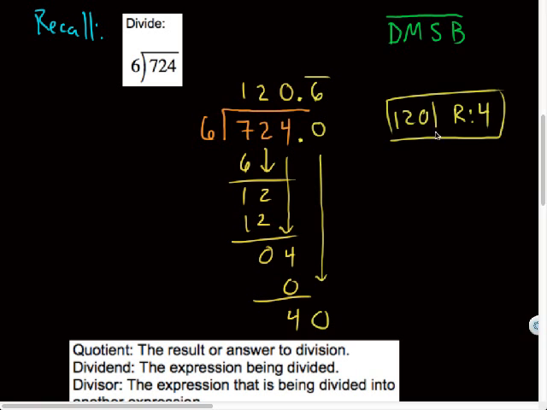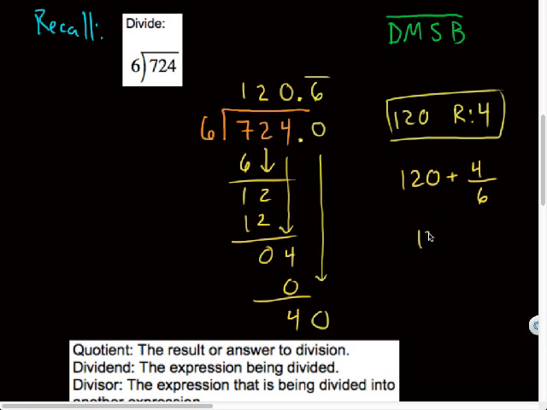So here's my quotient, my remainder, stuff like that. Another way you can write your remainder, by the way, I could also write this as 120 plus 4 divided by the divisor, 4/6.